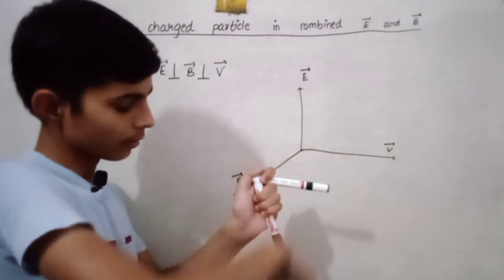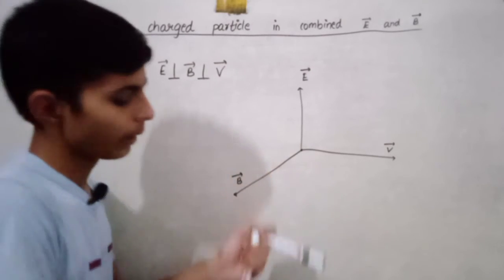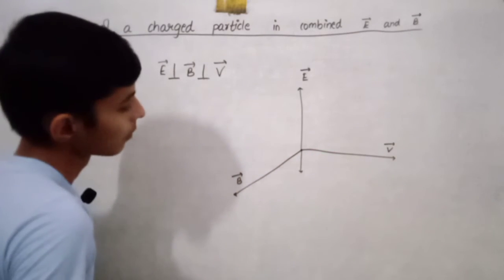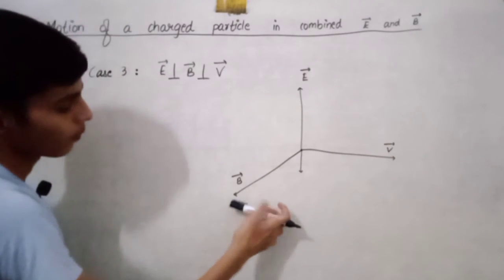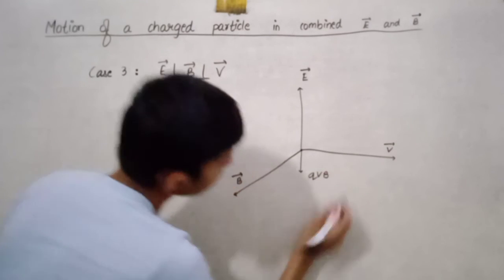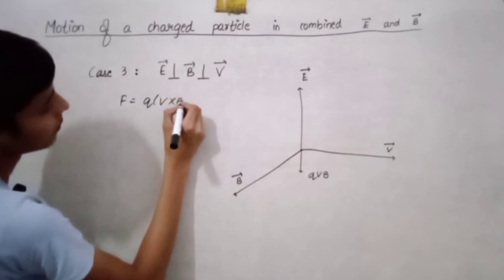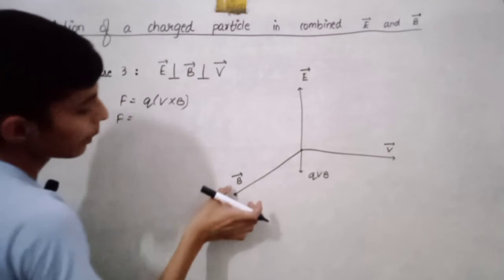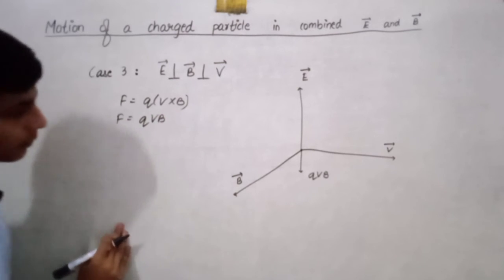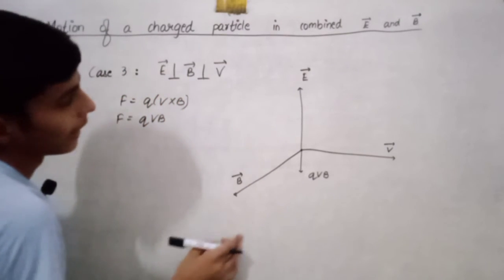The direction of magnetic force is downward, from V to B. So this is our direction of magnetic force, which equals QVB, because F equals Q V cross B, and we know that the angle between the magnetic field and the velocity is 90 degrees. Now at the same time the charge will move in the direction of electric field.